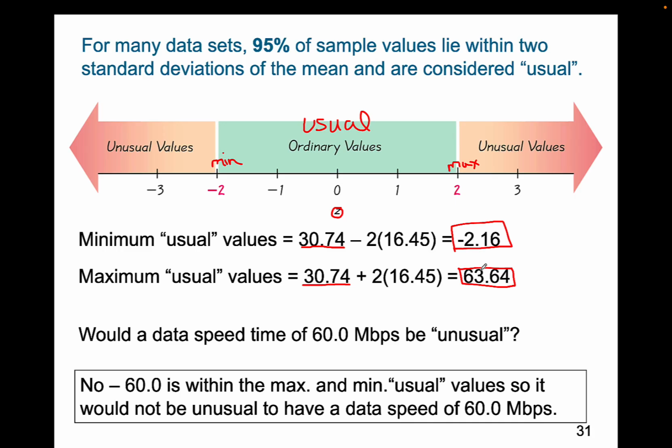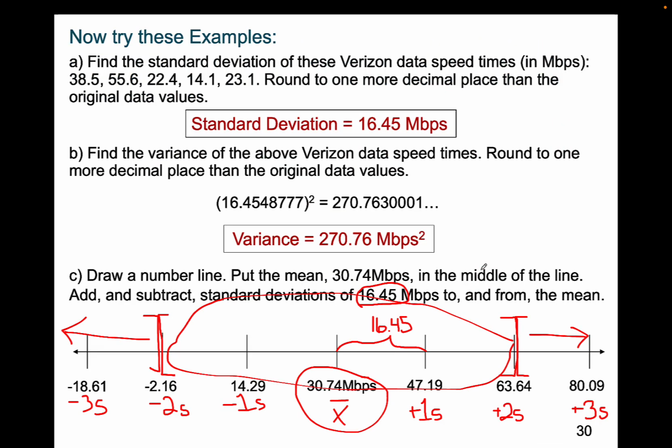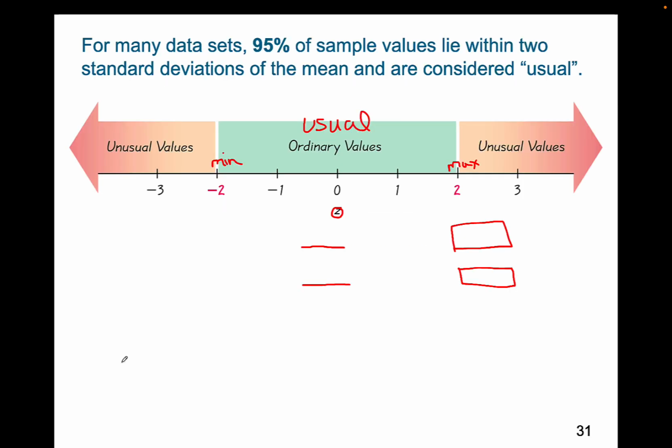You can also use our graph from our last slide to see where 60 lies. It would be right about here, 60. So we can see that that is in that usual range here. Anything further than 63.64 or further than negative 2.16 would be considered unusual.